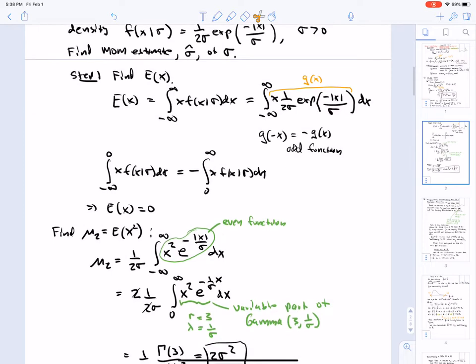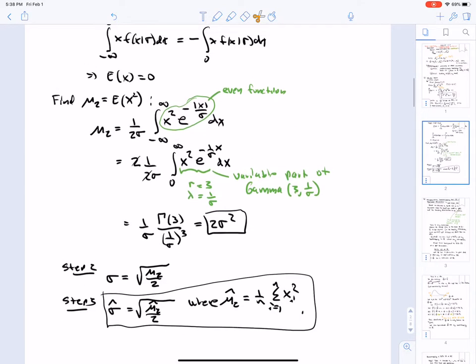We'll try with the first moment, but we quickly see that the first moment is 0, because when we attempt to find the expectation, we see that the integrand is an odd function, and we're integrating from minus infinity to infinity. So then we're going to try the second moment, and now the integrand's an even function, so we can just simplify things a bit and integrate from 0 to infinity.